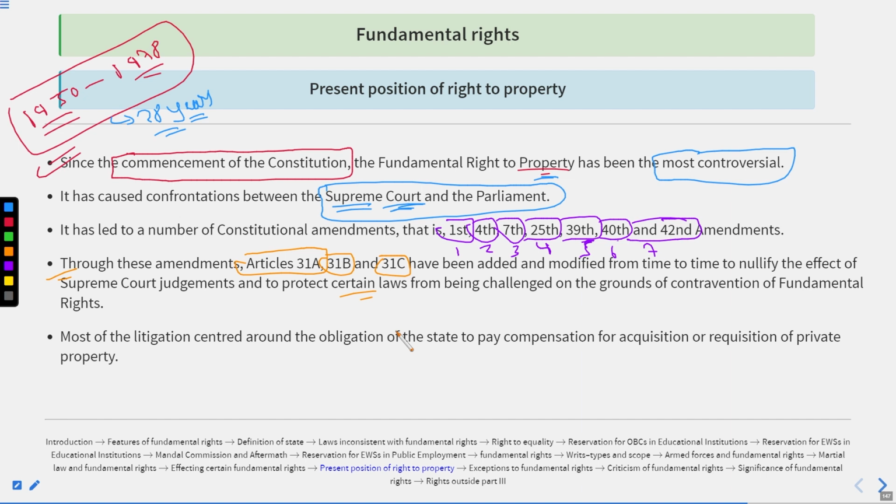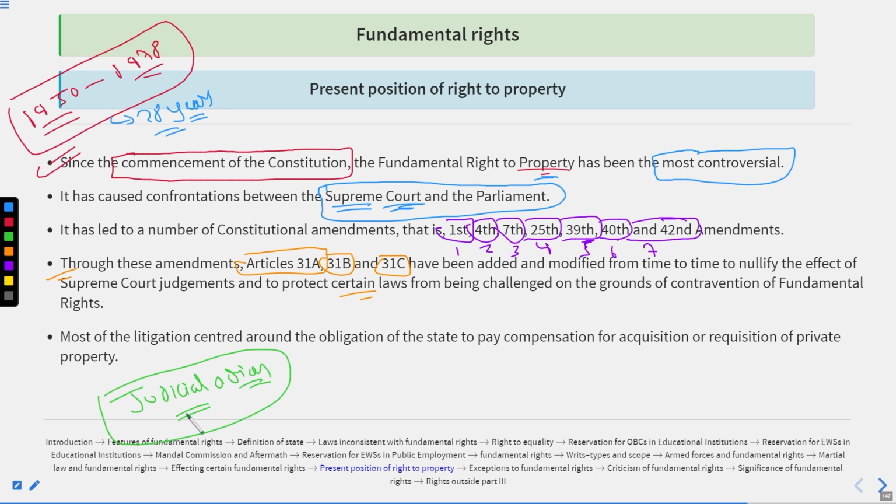Because we know whenever the Parliament passes any law affecting the fundamental rights, people have the right to move to the court if their rights are violated under Article 32. So basically this led to confrontation between the Supreme Court and the Parliament many a time, and for this, 7 amendments have been made so far, adding these articles which protect certain provisions from the judicial action of Supreme Court judgments.